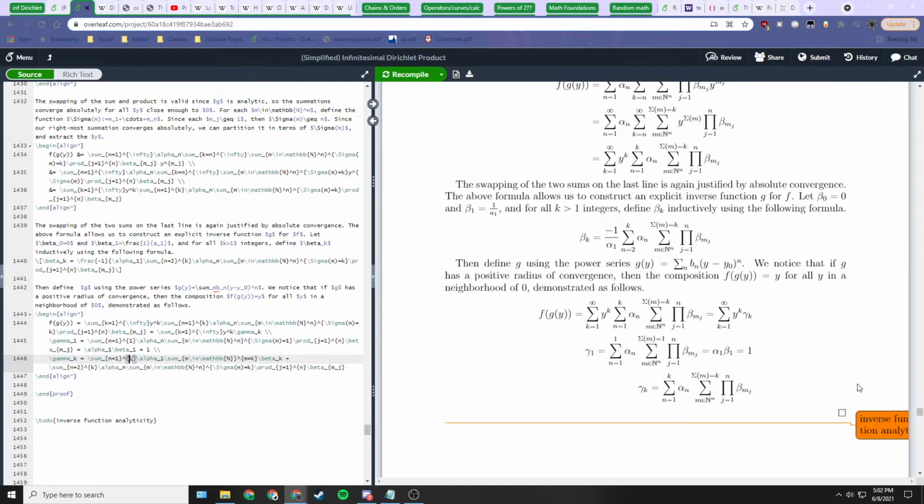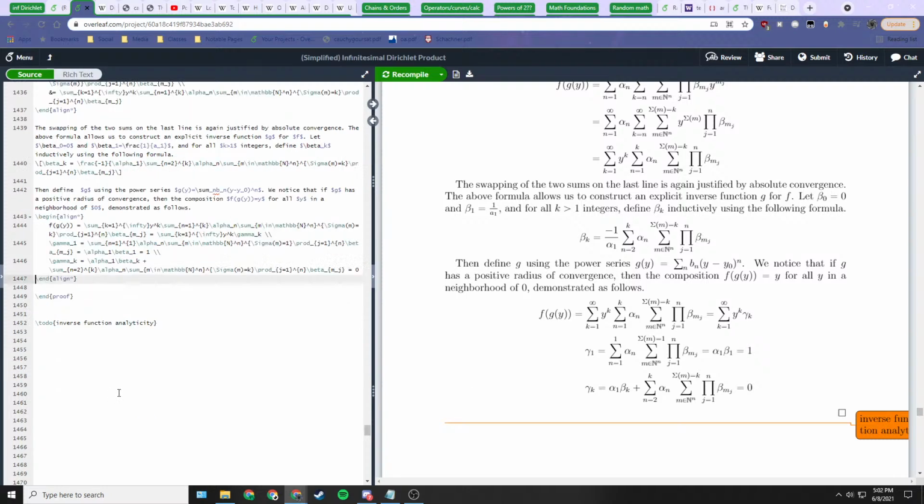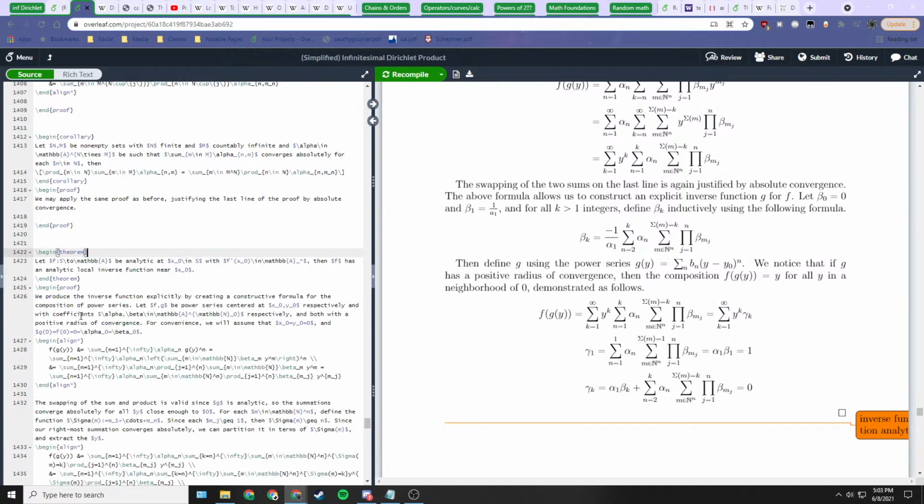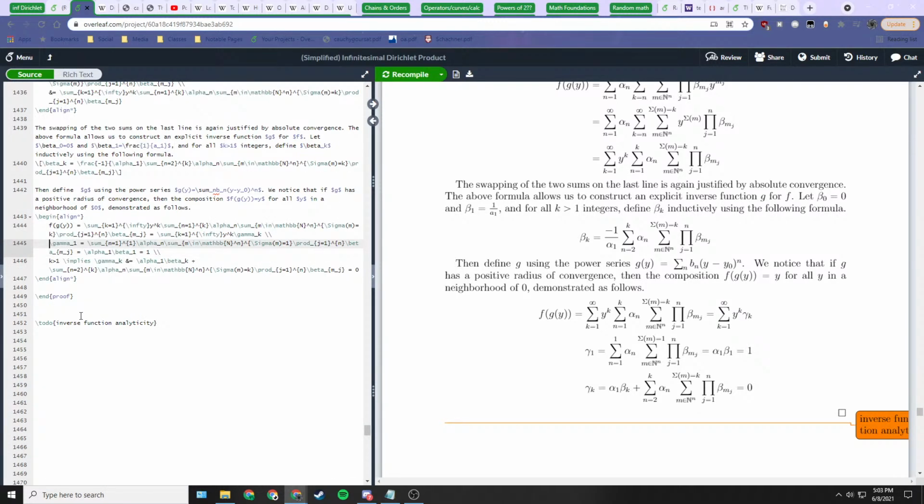And this summation also goes away. And then we just have alpha 1, sum m equals k. This goes away as well. But this is exactly what we had. So we just had our definition of beta sub k would be that. So we can actually just align these. Oh gosh.